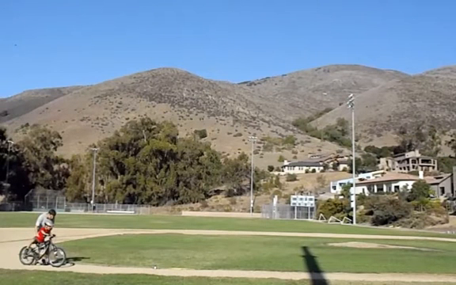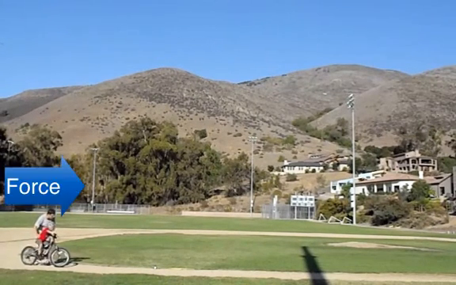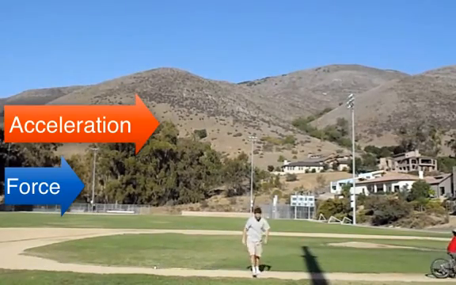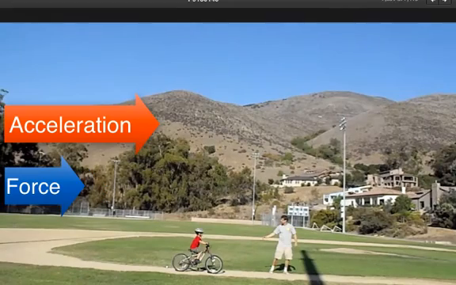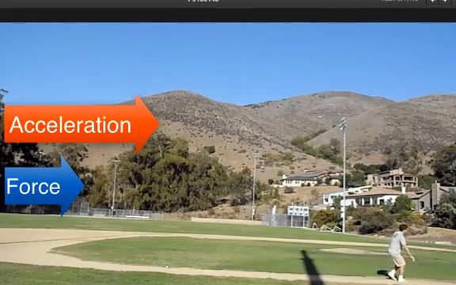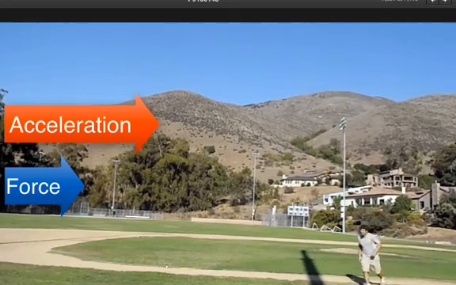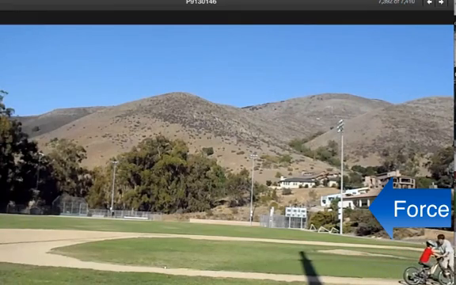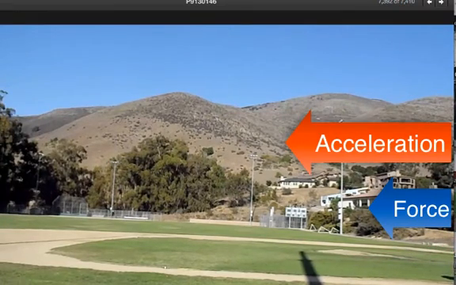Dynamics simply means when you put a force on something, it's going to accelerate. So if I put a force on Neil in this direction, he accelerates in this direction. Even if he's moving already, if the force is in this direction, the acceleration is in the same direction. If the force is in the opposite direction, the acceleration is in the opposite direction.